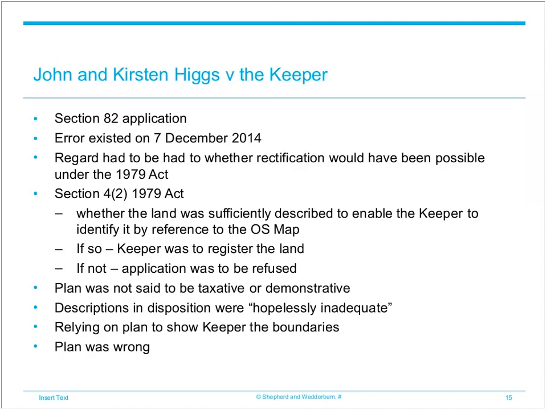As I said, the Higgs applied to the Lands Tribunal under Section 82, and what the Tribunal said was they looked at the plan that was given to the keeper, and the plan wasn't said to be taxative or demonstrative, so the keeper had to look at the verbal descriptions in the disposition.